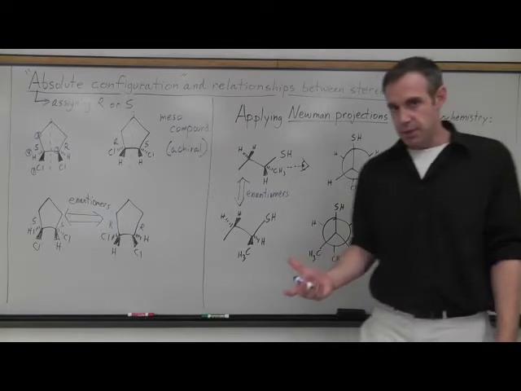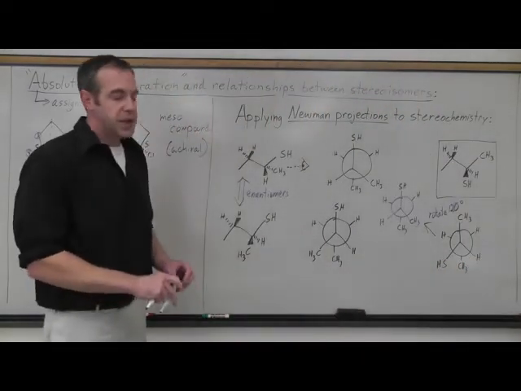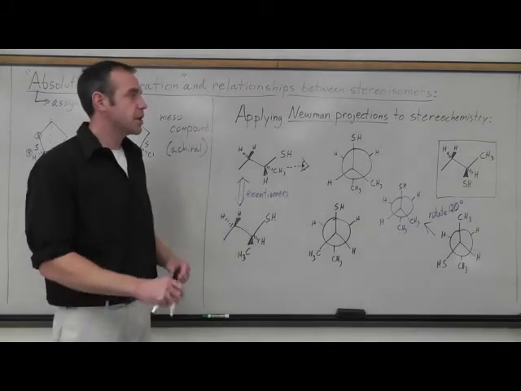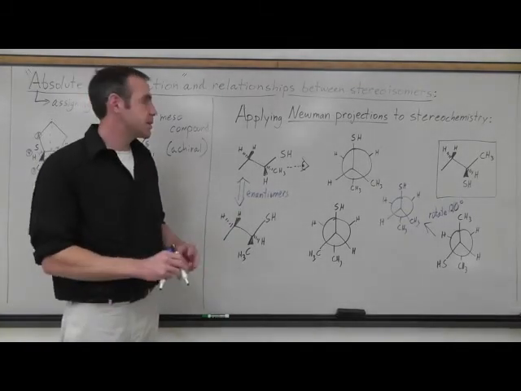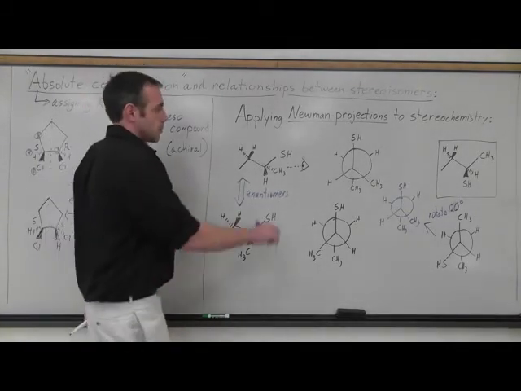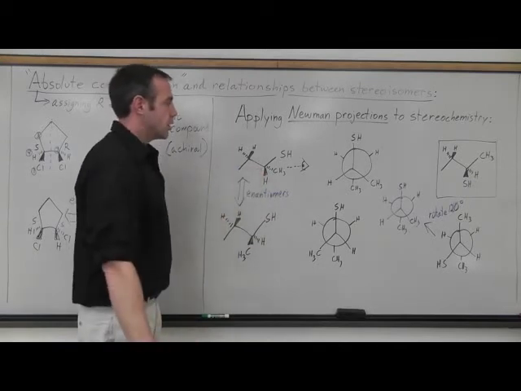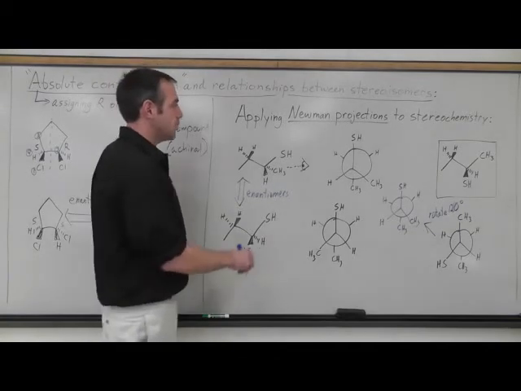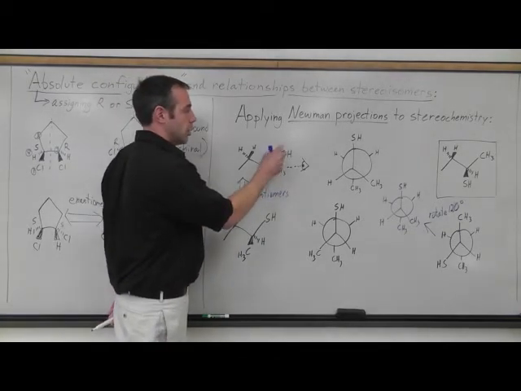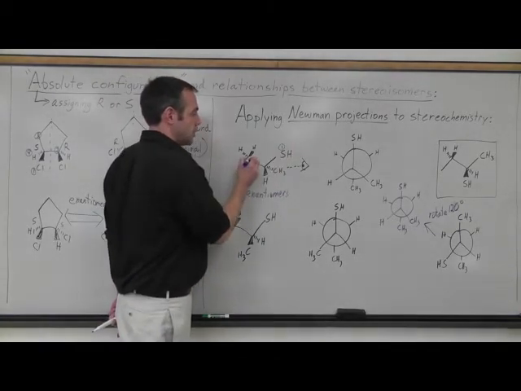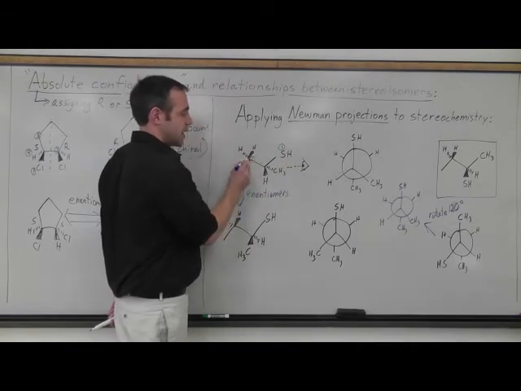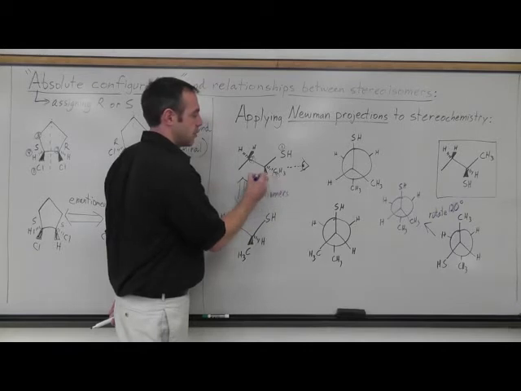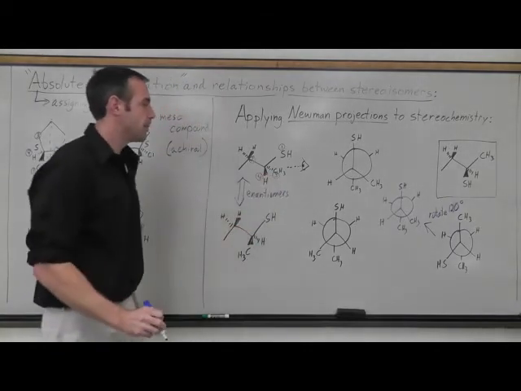And so in doing all of this, we did not need to assign an R or an S to these stereocenters, but that's another way you could solve this problem. If we go back and assign R or S, we can see that sulfur would be the highest atomic number atom, so our priorities would go 1, then 2 over here because it's the ethyl group, a 2-carbon chain, 3, the methyl group, and then 4, the hydrogen.